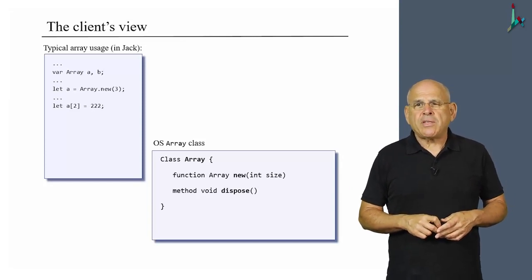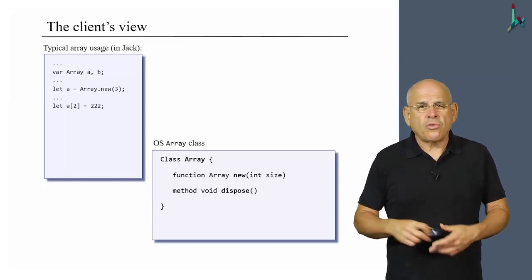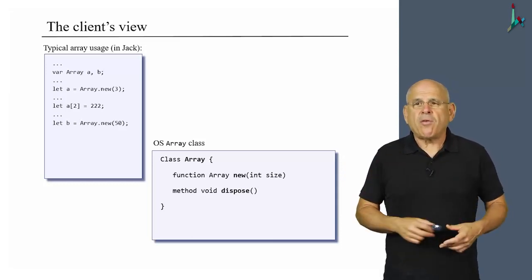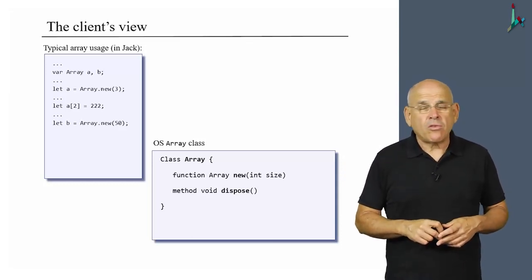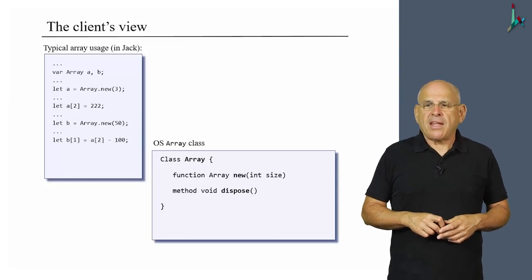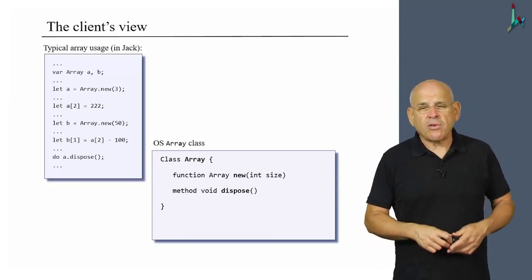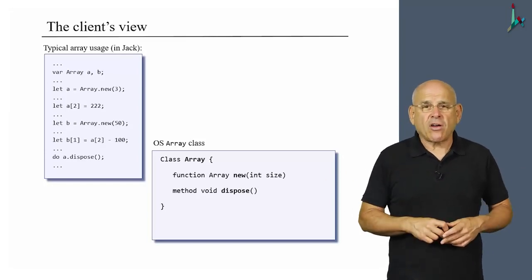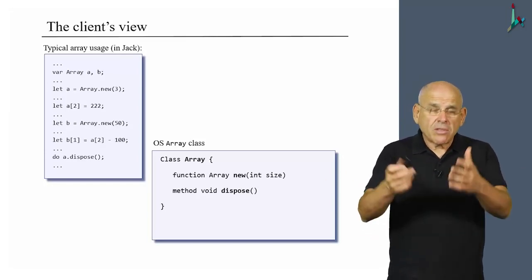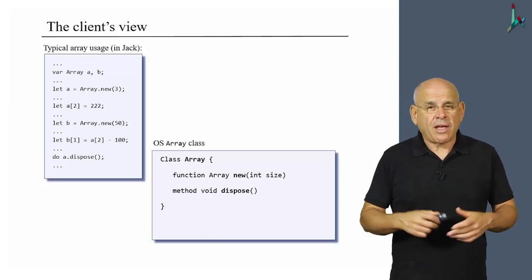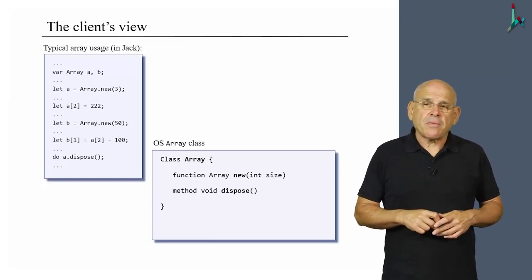And then we set A2 to some arbitrary number. Then we construct yet another array, and we set B to point at it. And then we set B1 to be A2 minus 100, and so on and so forth. And then at some point we say A dot dispose. So what you see here are typical array creation and manipulation commands.